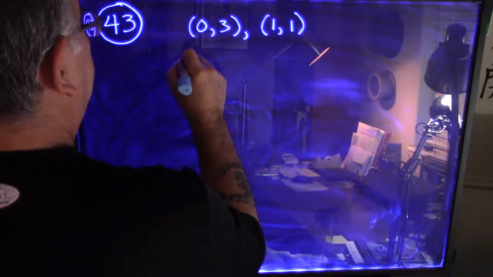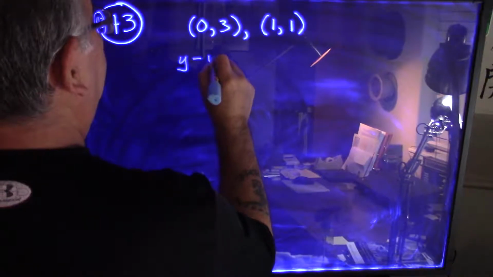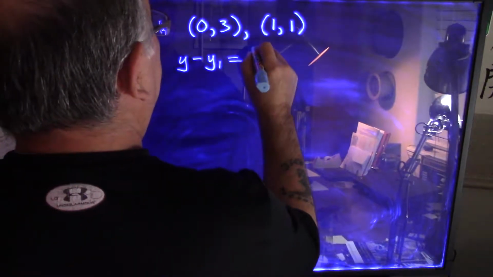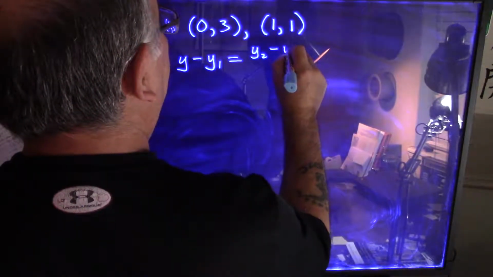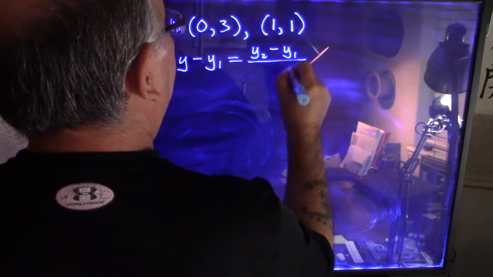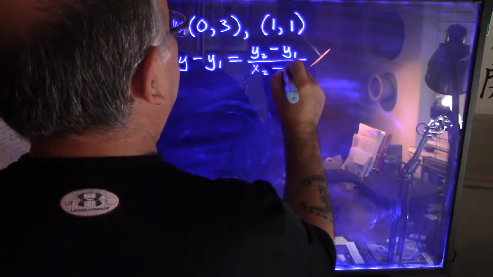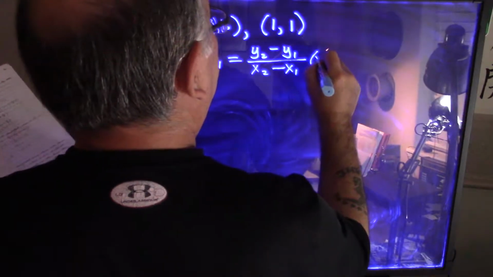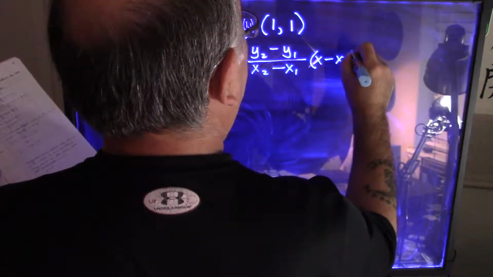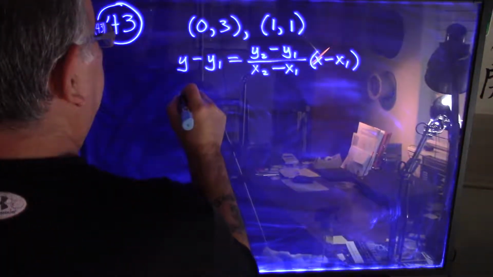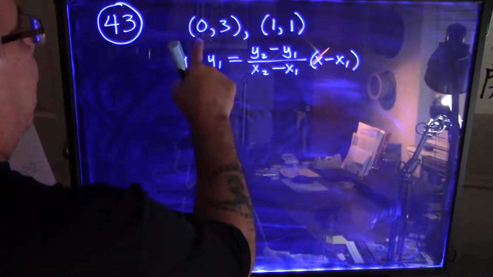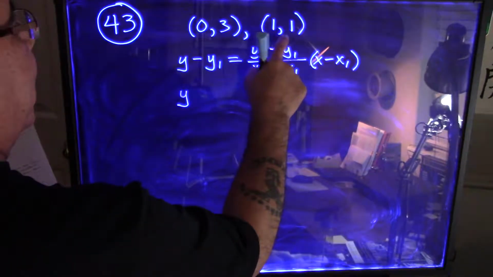Okay, so once again, the 2-point equation for a line: y minus y1 equals y2 minus y1 over x2 minus x1 times the quantity x minus x1. So we'll call this x1 y1 and x2 y2.